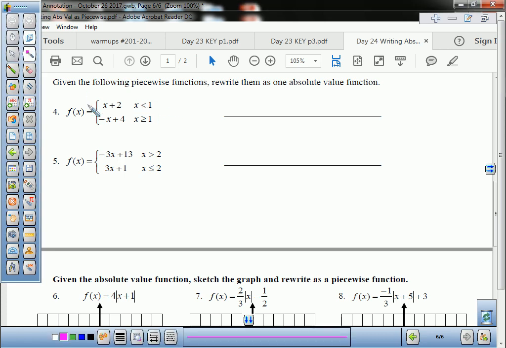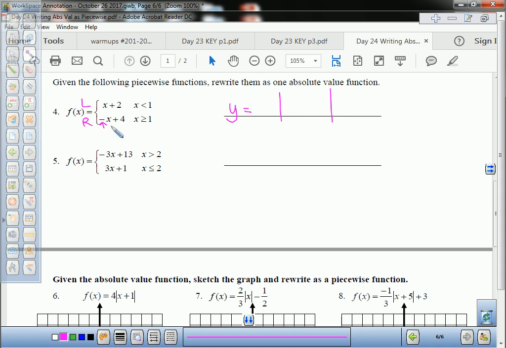Okay, so now let's look at these two. So less than gives us left side, greater than gives us right side. So we have to know that first. So we look at the right side. It's got a negative out in front. So when we work backwards and rewrite this as absolute value, because this has a negative, that must also have a negative.